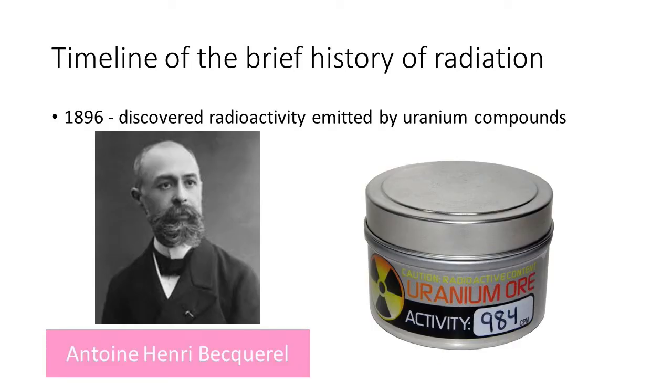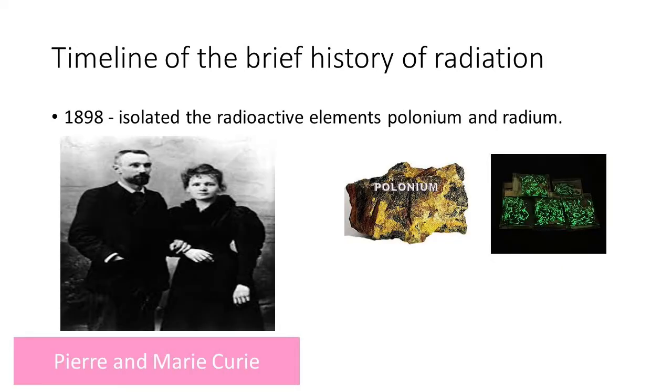Also in 1896, Antoine Henri Becquerel discovered radioactivity emitted by uranium compounds. In 1898, Pierre and Marie Curie isolated the radioactive elements polonium and radium.